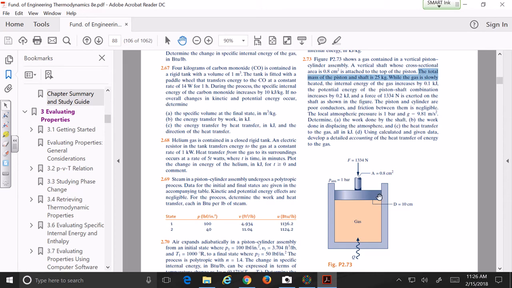So basically what they're asking you, I think, is the work done by this, the force plus the weight of this, okay? How much is this? And then what is the work done by the gas inside? If you do like a little figure here with arrows up, no? What is the work done by the gas inside? Yeah, I agree with you, it's a bit confusing the way they ask the stuff.